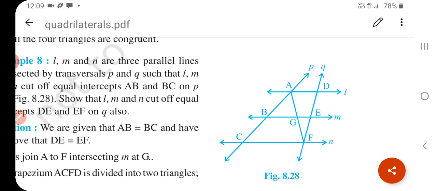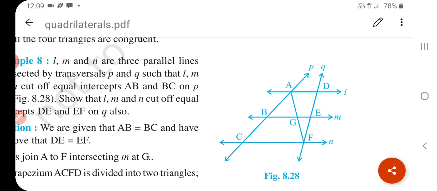In triangle ACF it is given that B is the midpoint of AC. In this triangle it is given that B is the midpoint, so AB is equal to BC, it's given. Okay, now BG is parallel to CF since M is parallel to N, and if M is parallel to N then BG will be parallel to CF. Okay, now by the midpoint theorem we know that BG will be half of CF. Okay, understand? So G is the midpoint of AF by using theorem 8.10.